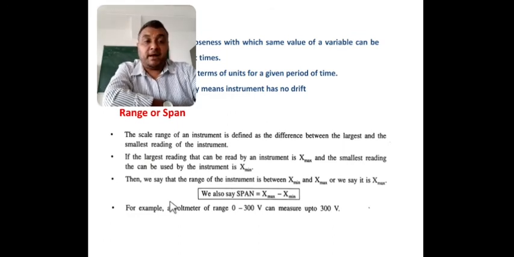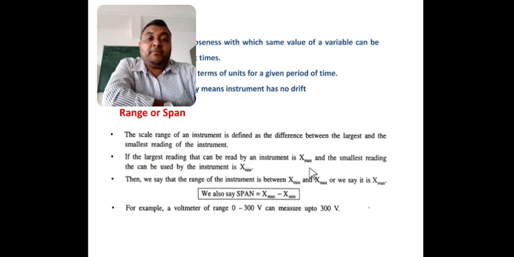Okay, so it says that if the largest reading that can be read by an instrument is x max, that is the maximum value that can be read by that instrument, and the smallest reading that can be taken by the instrument is x min, that is the minimum reading capacity of that particular instrument, then we say that the range of the instrument is between x min and x max, or the span is x max minus x min.